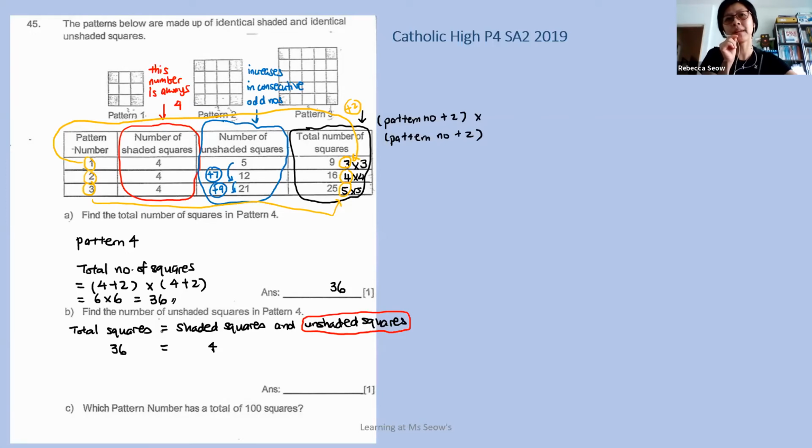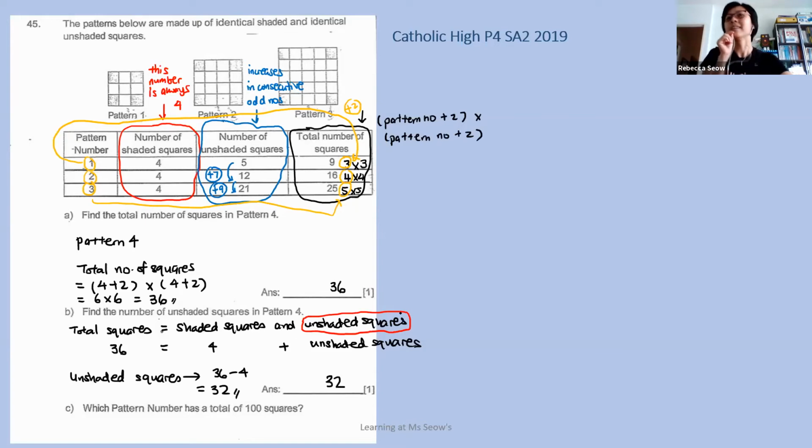So we will replace shaded squares with 4. What we are left with in this number statement is unshaded squares. So total number of squares is 4 plus unshaded squares. So the number of unshaded squares will be 36 subtract 4, which gives you 32.